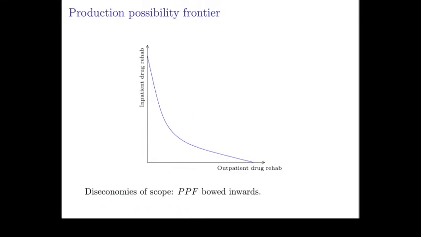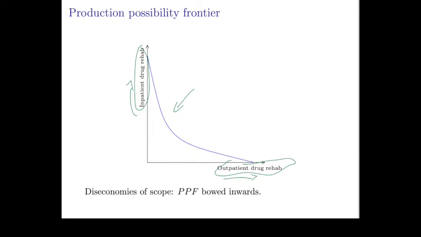An example in the textbook is inpatient drug rehab and outpatient drug rehab as being things that have diseconomies of scope. So when you try to do both, the more patients you treat as inpatients and outpatients, the less productive you are in doing the other. So this PPF is bowed inwards.